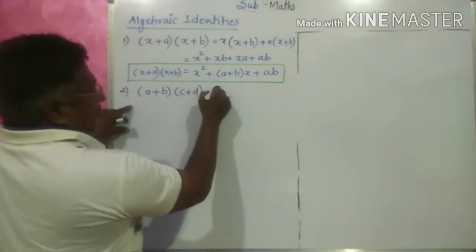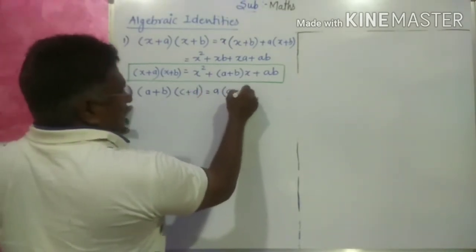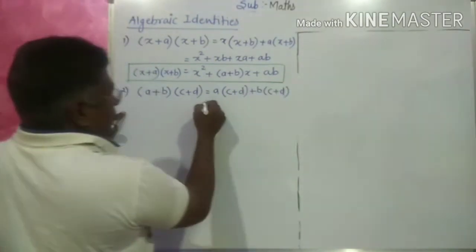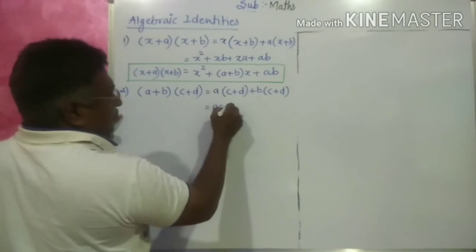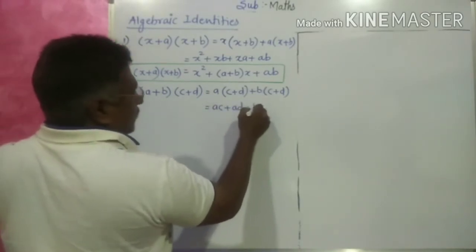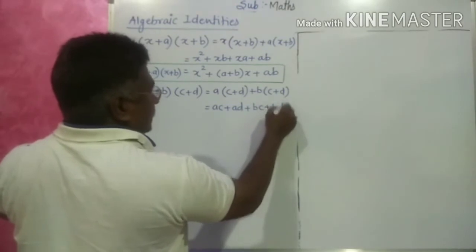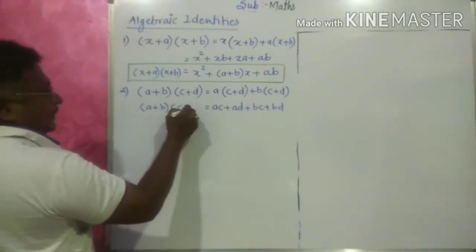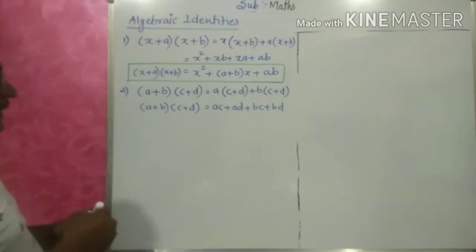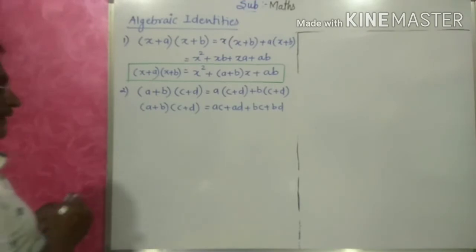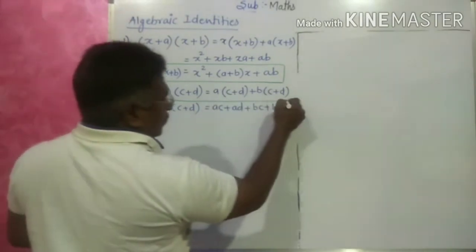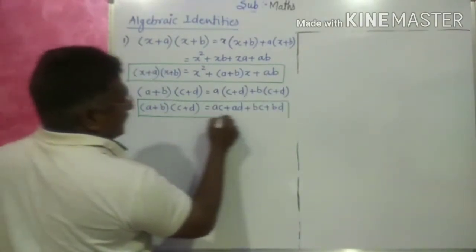We get a into (c plus d) plus b into (c plus d), which is ac plus ad plus bc plus bd. So (a plus b)(c plus d) equals ac plus ad plus bc plus bd. This is the second identity.